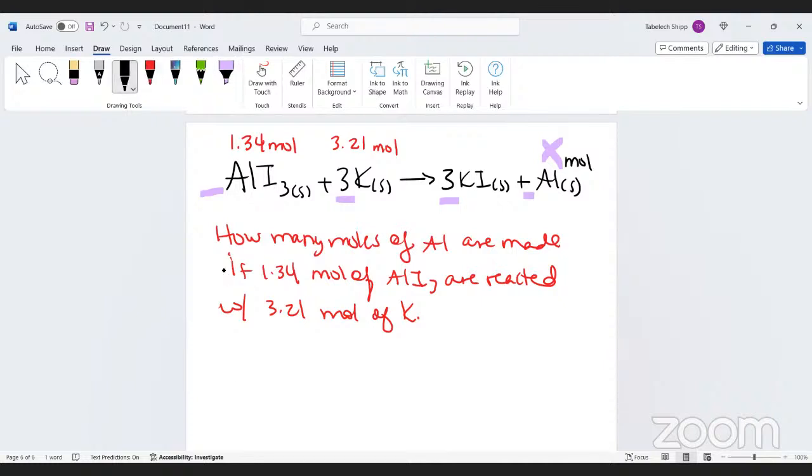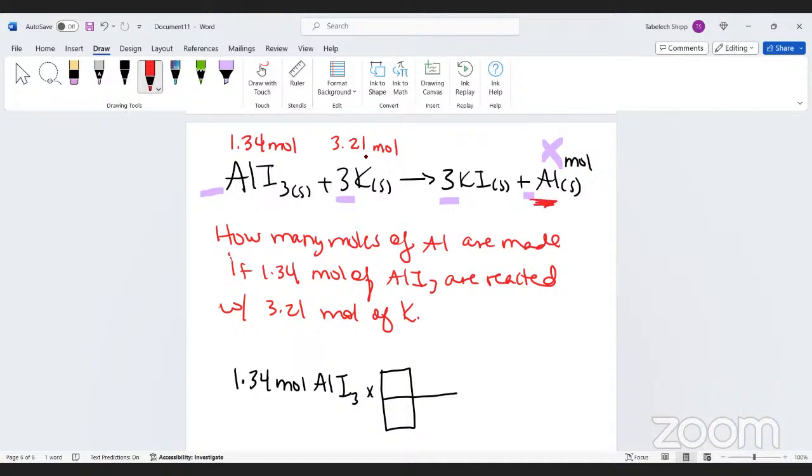So I'm going to take that 1.34 moles of aluminum iodide that they gave you. And because I'm trying to get to the moles of aluminum, this box right here that I'm boxing in is going to tell me what to put down from using my coefficients.